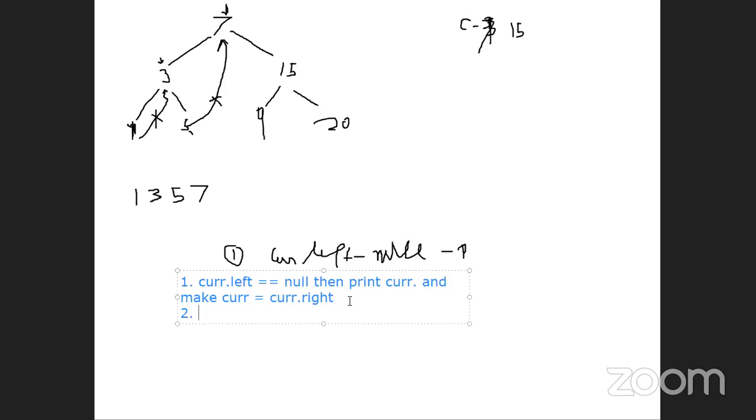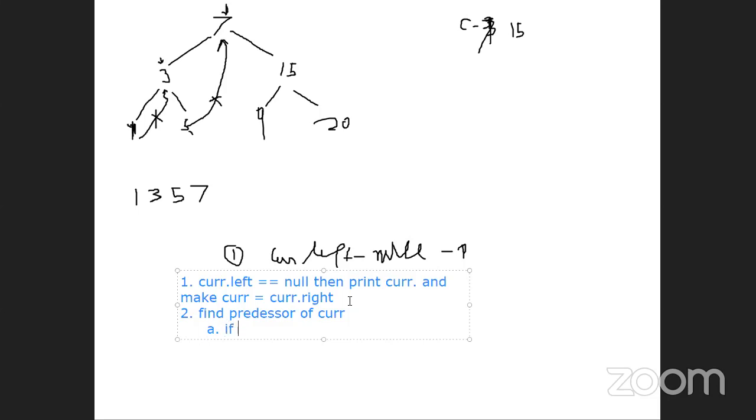Otherwise, I will find the predecessor of current. So try to find the predecessor of current, and now there are two subconditions.